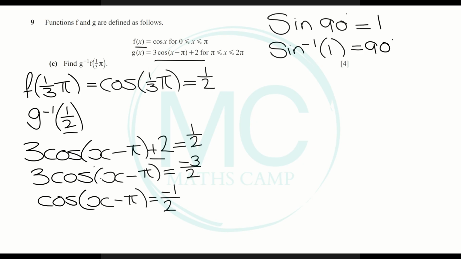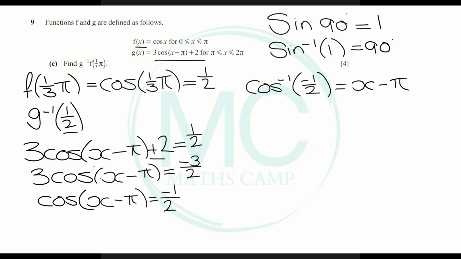Now, to find x, we need to use the inverse function. So cos to the -1 of negative 1 over 2 is equal to x minus pi.